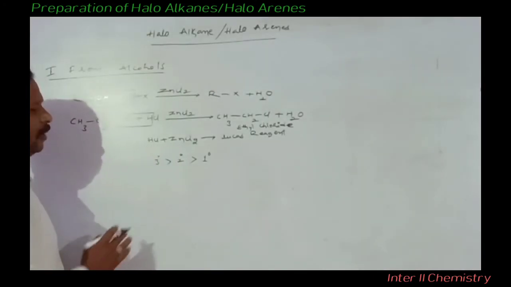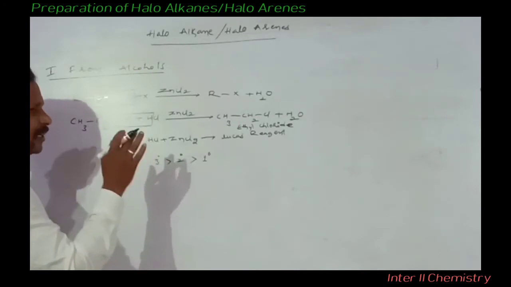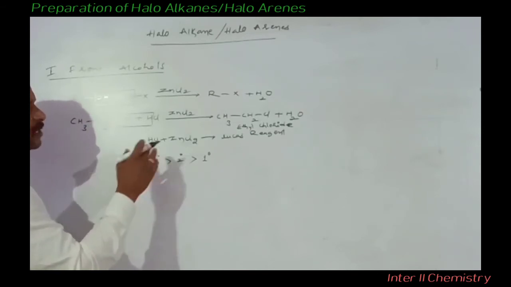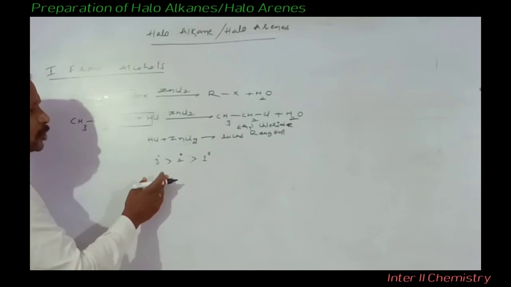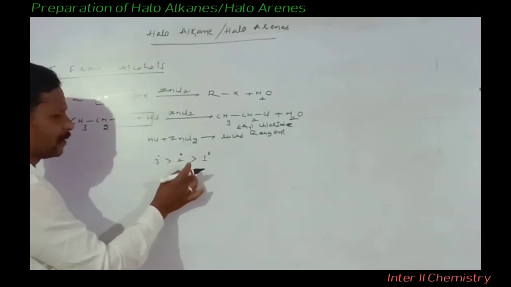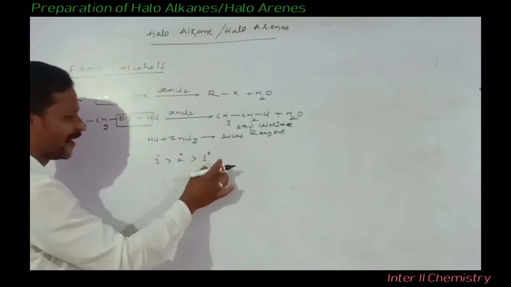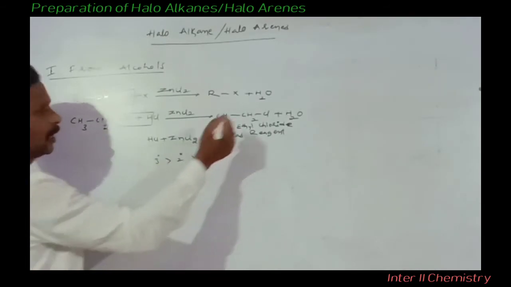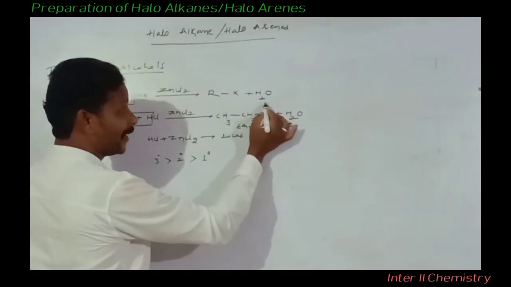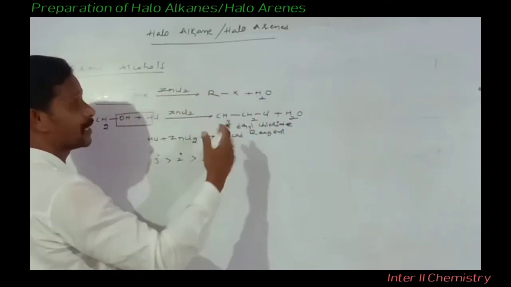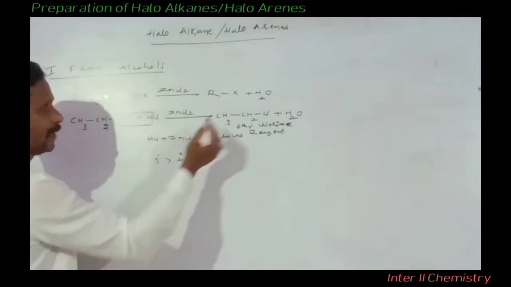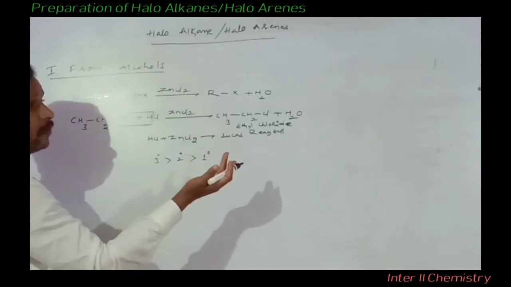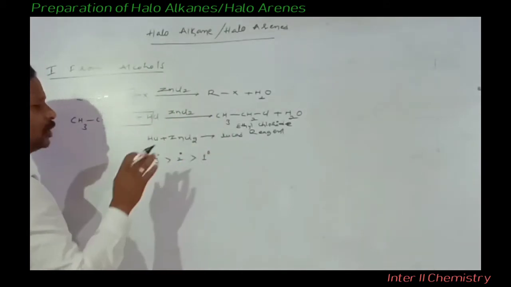For a tertiary alcohol, fumes, that is moisture or humidity, will form very fast in the test tube, because H2O is released from the reaction as vapor.